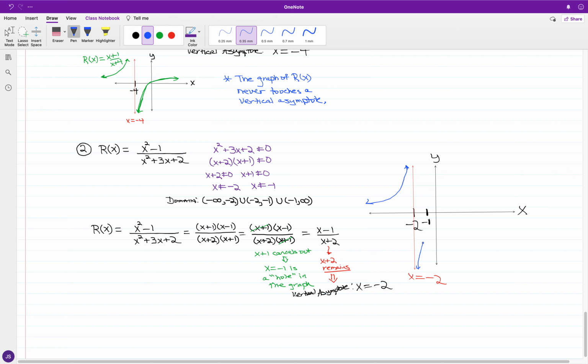You have this part as we get closer to -1, and instead of an asymptote, you're going to have a hole at x equal to -1. So any factors that remain for the exclusions from the domain, those exclusions will be vertical asymptotes. But if they cancel, that means that instead of a vertical asymptote, we're going to have a hole.